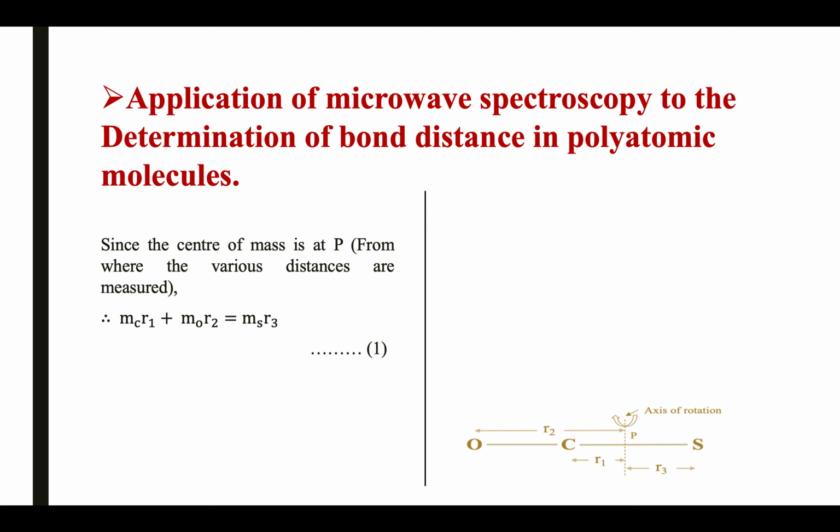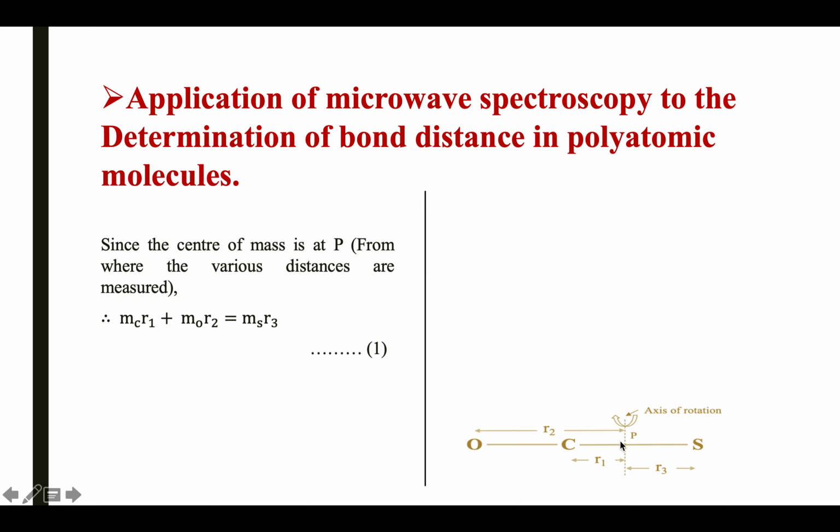since the center of mass is at P, from where the various distances are measured, this point P is the center of mass or center of gravity. From that we have to measure all the distances. From that we get equation number 1: mC, the mass of carbon, into R1, plus mO, the mass of oxygen, into R2.